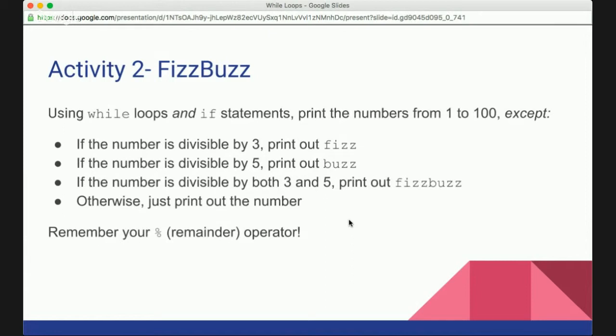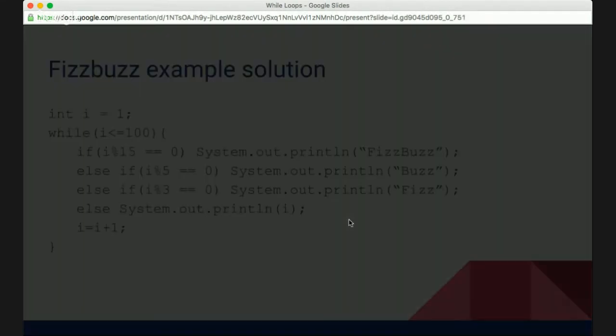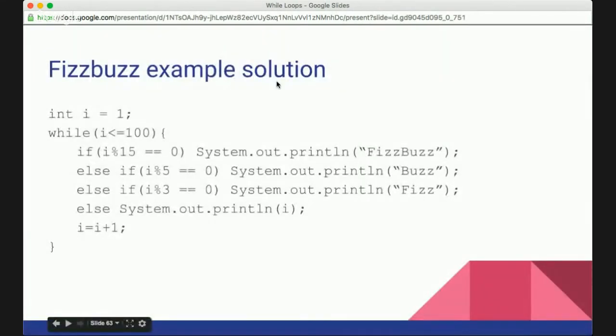All right, so going on to the example solution. So you start with I being equal to 1. Then you're going from 1 to 100, so same thing as in the previous. Then we do a bunch of if statements. So if it's divisible by 15, because if it's divisible by both 3 and 5, it must be divisible by 15, then we print out fizzbuzz.